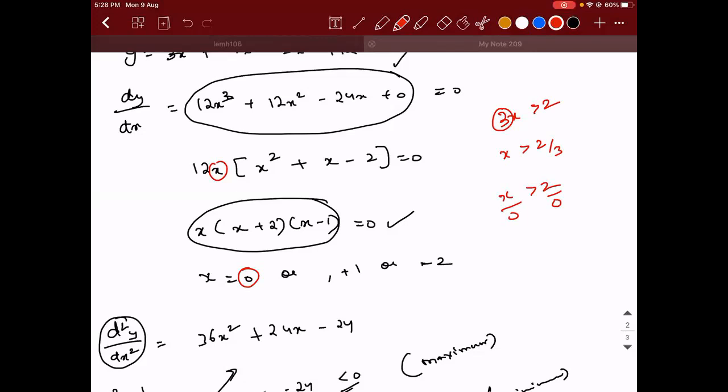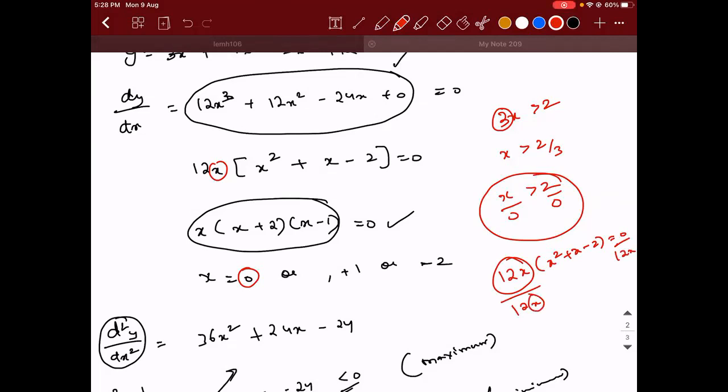Correct? So since this kind of an operation is not allowed, what you're asking is 12x into x square plus x minus 2 is equal to 0, no? I'll explain what is the mistake in your thought process. You're taking the 12x to the other side means you're dividing with 12x on both the sides. What if the value of x is 0?